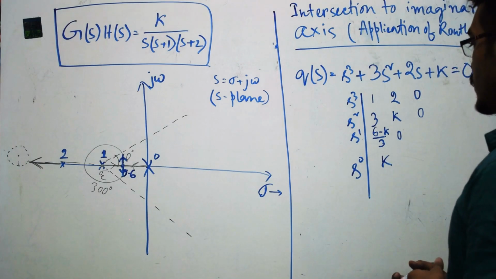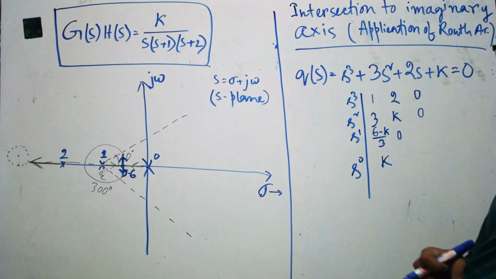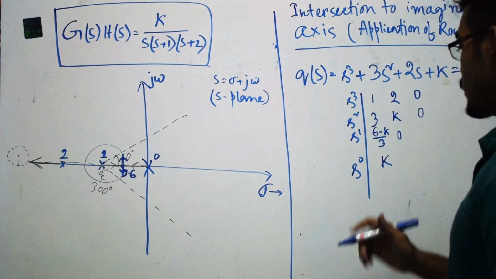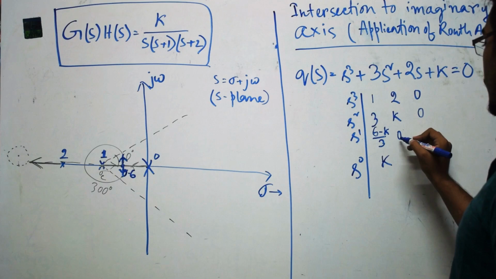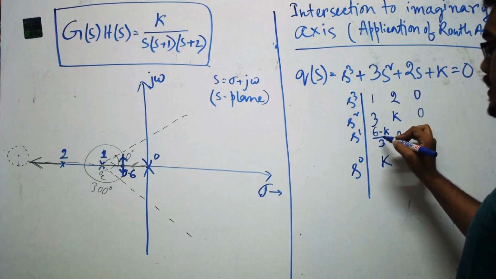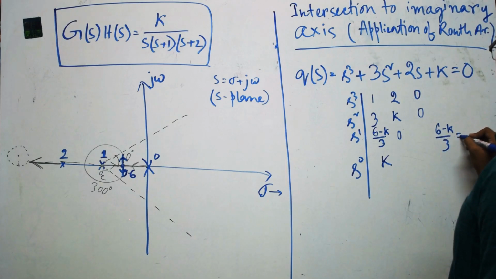That is k only. So we know that for this system to be marginally stable, one row needs to be 0. So already here it is 0. So this term needs to be 0. So 6 minus k by 3 is equal to 0.